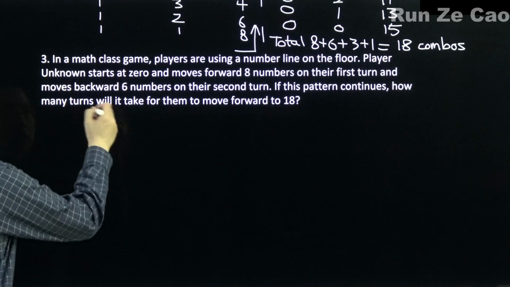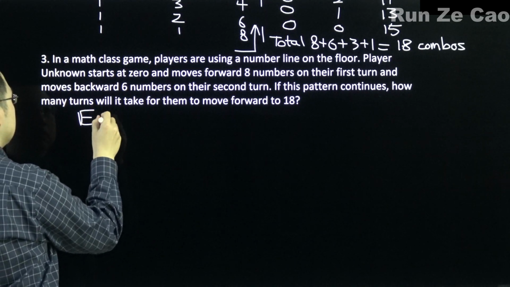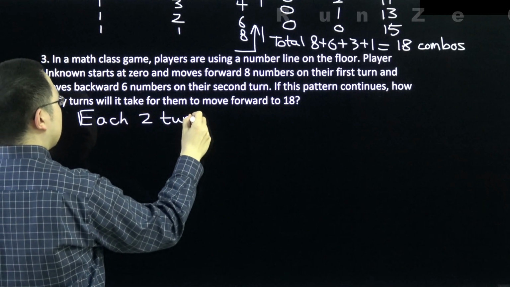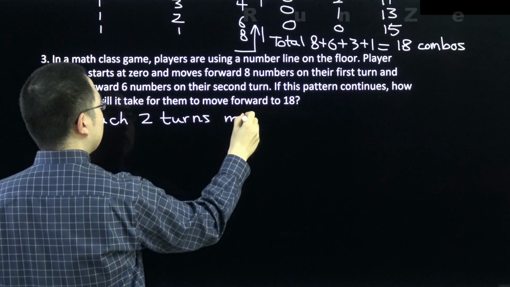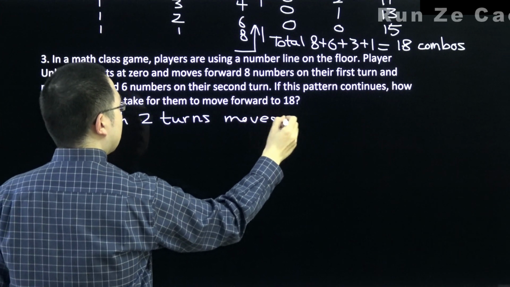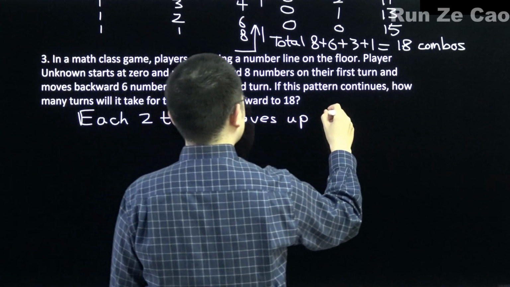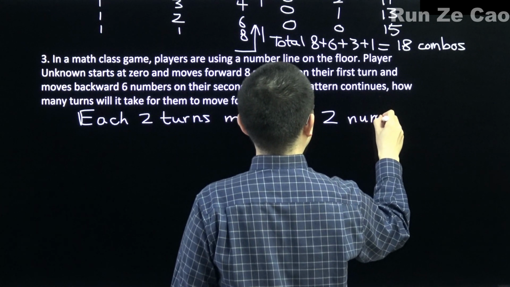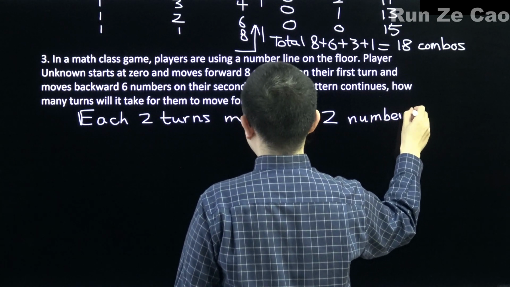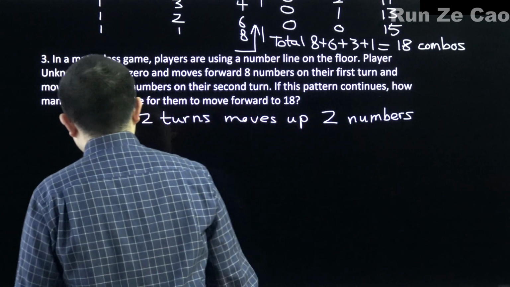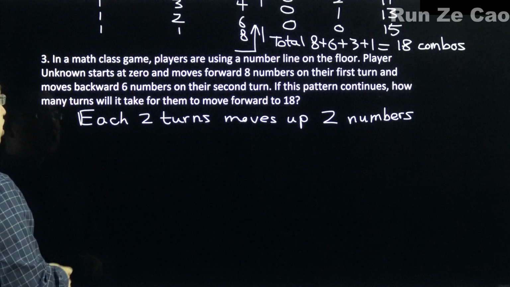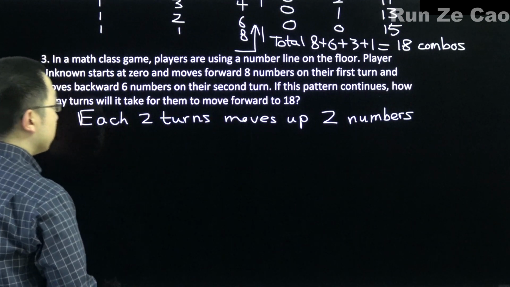So for every 2 turns, 2 turns moves up 2 numbers, right?